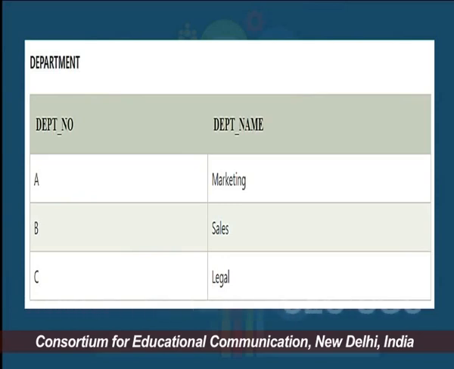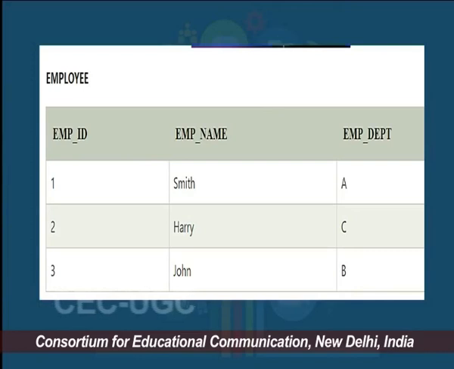So each row will be multiplied by each row of the other table: 1 multiplied by all 3, then the second by all 3, and then the third by all 3. The total number of rows in our resulting relation is going to be the number of rows in the first relation multiplied by the number of rows in the second relation. So here in this case it is 3 cross 3.